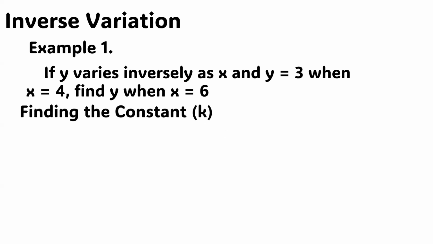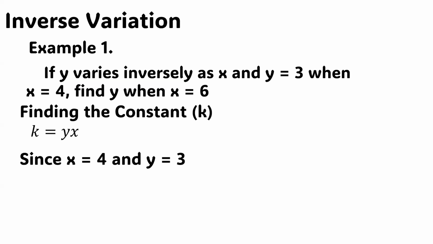So find the constant or k natin. Just like we said kanina, minumultiply lang natin yung y sa x. So meaning since x is equal to 4 and y is equal to 3, therefore k is equal to 3 multiplied by 4. So kung 3 times 4, we have 12 already.